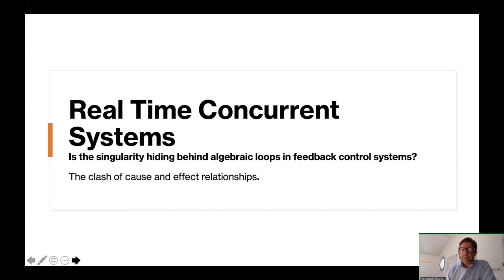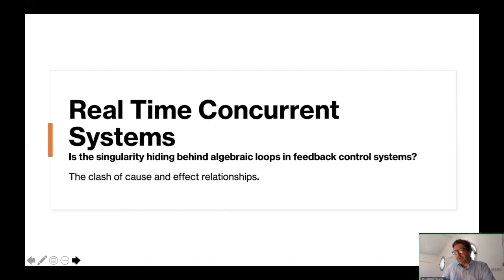And if you ever used simulation tools like Simulink or MATLAB, simulation engines that nowadays are becoming tools for the design and validation of complex systems like cars in a framework that is called model-based design, you probably experienced the problem of algebraic loops.